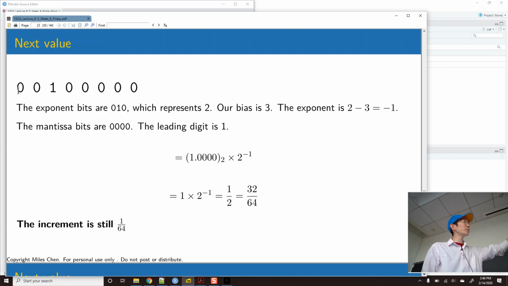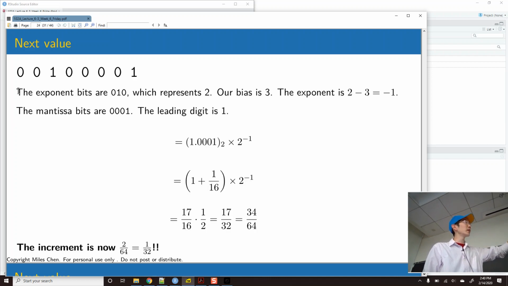But this is where the magic of floating point comes in, is that once I'm here, these increments are now worth 1/32, okay? So what happens is this exponent bit is 0, 1, 0, which represents 2. Our bias is 3, and so the exponent is now only -1.